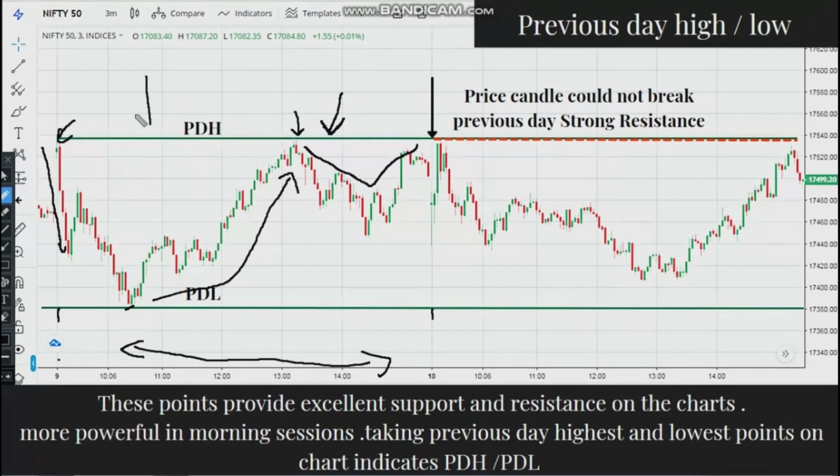So this remains our highest point of the day for 9th. And this remains our lowest point. I'm talking about price action candles. This remains the lowest point of the day.